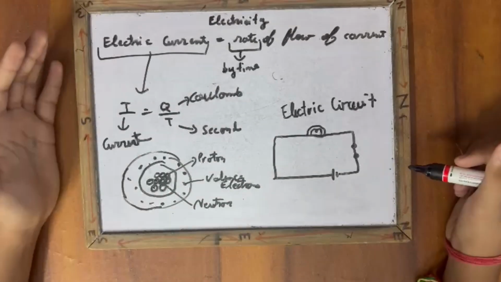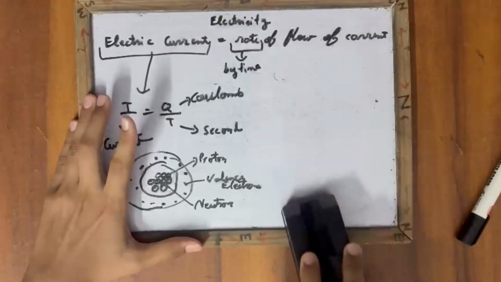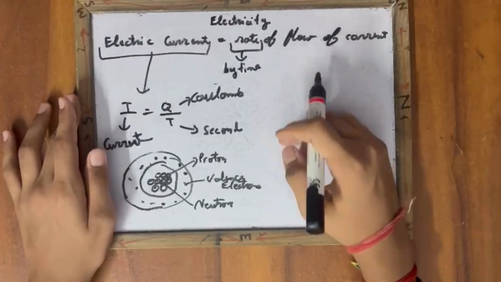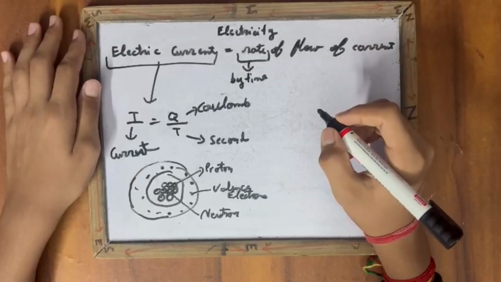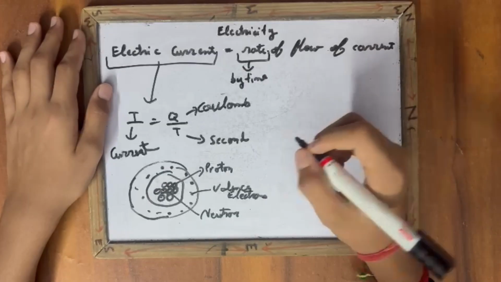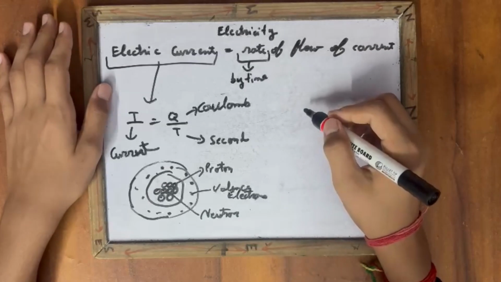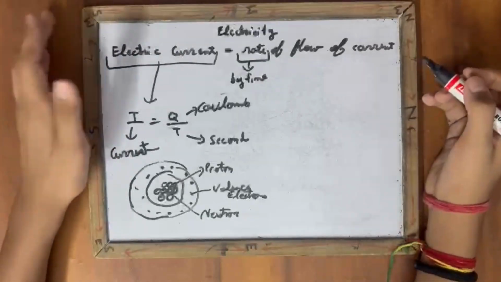Let me tell you about conductors and insulators. Conductors are the materials which conduct electricity, and insulators are the materials which don't. The same terms are used for heat: the materials which conduct heat are known as conductors, and which don't are known as insulators.